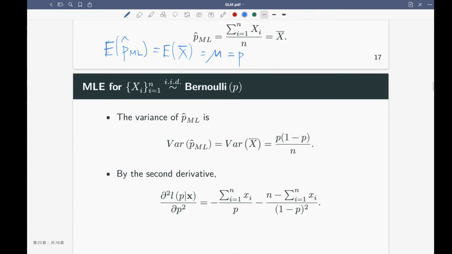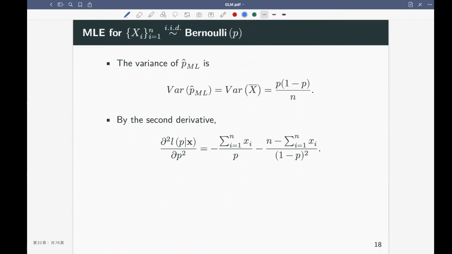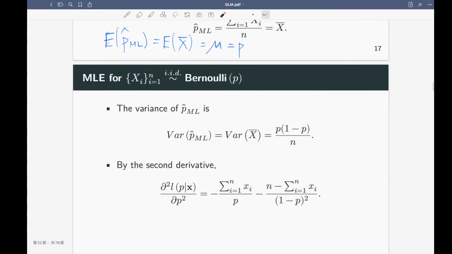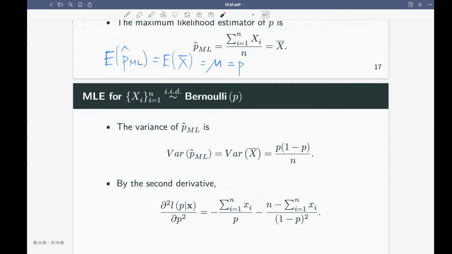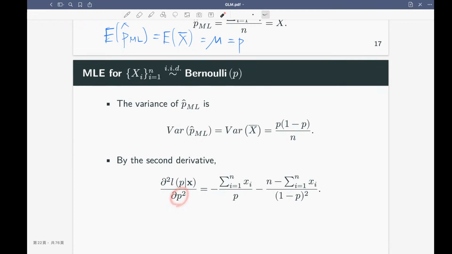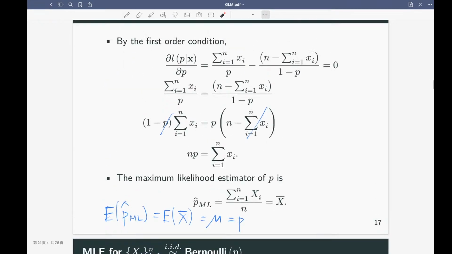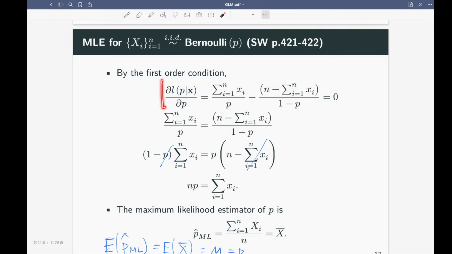Okay, and now we want to find the variance of the MLE. So we can plug in the result. Variance of x bar, so you can find here n p times 1 minus p divided by n. And now we do the second derivative with respect to p. The first order condition is like here, so we should use this term to do the second derivative.